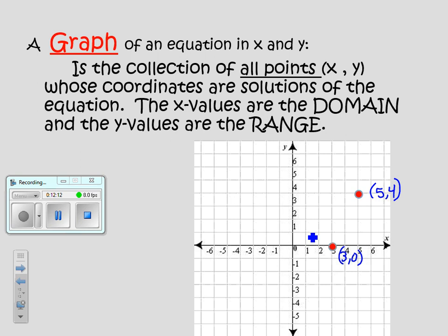And we can keep finding solutions to the equation I was working with on the previous slide and finding all the ordered pairs that make the graph. And when I find all the ordered pairs, or a few, it helps me to be able to draw that line. And that line basically says infinitely many points will make that equation true. And so that is the graph of a linear equation.